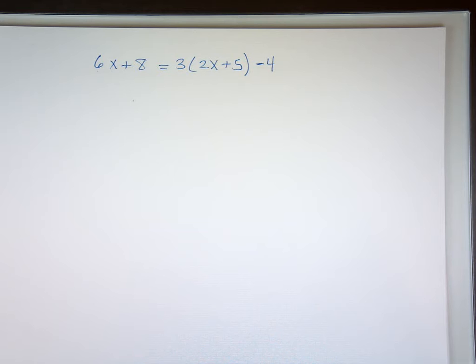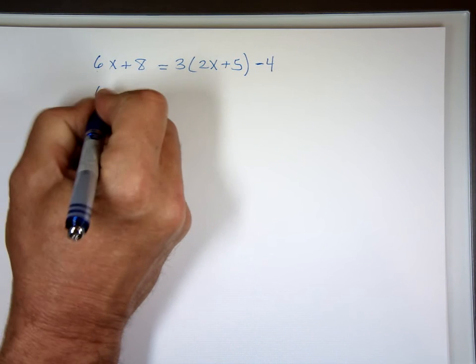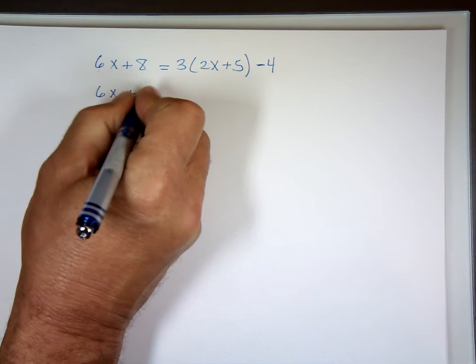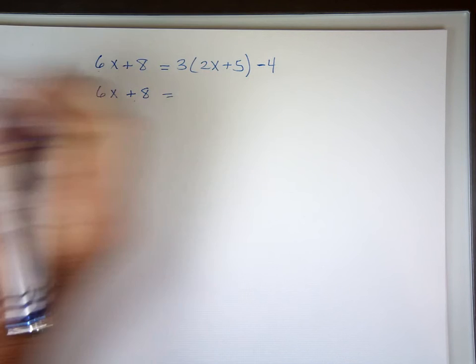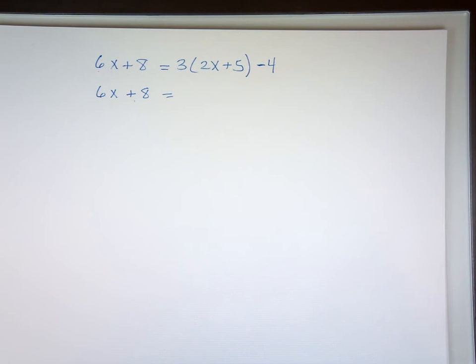Let's just use these numbers and see what will happen. The left side, no change to it. But the right side is going to be what? I've got to distribute that one.